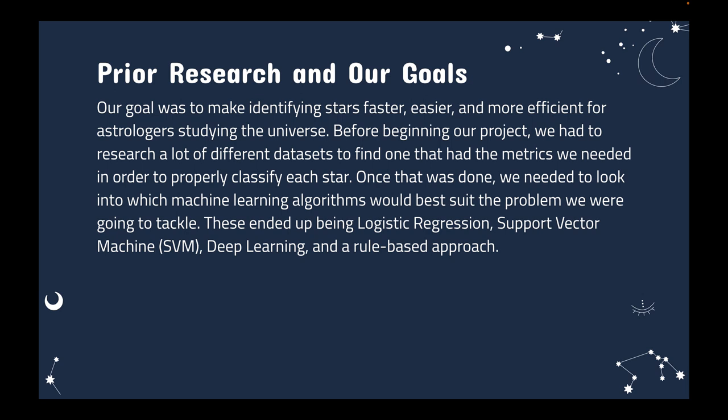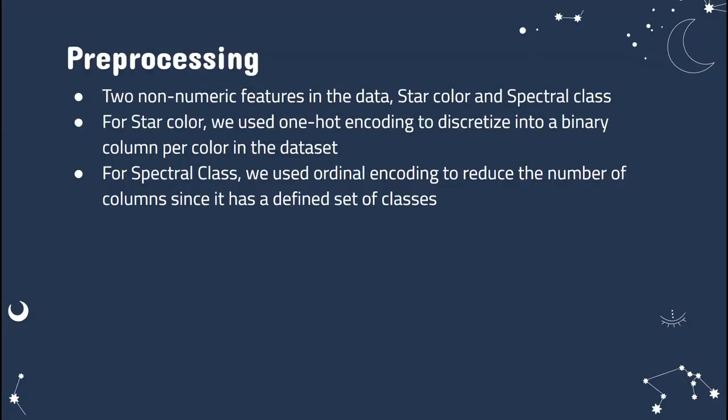For the pre-processing of our data, it was fairly straightforward. We were just able to load it in, and it was all pretty well organized. However, there were 2 things that we had to do for it. There are 2 non-numeric features in the data: the star color, which is things like red and blue, as mentioned before, and spectral class, which is one of 6 or 7 letters.